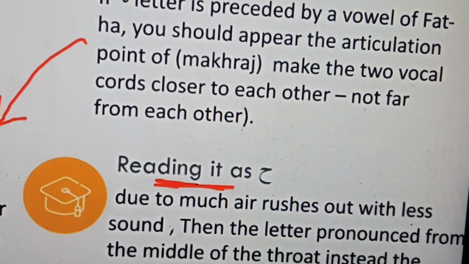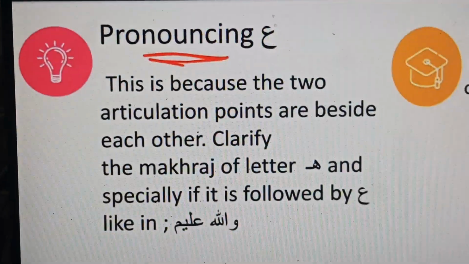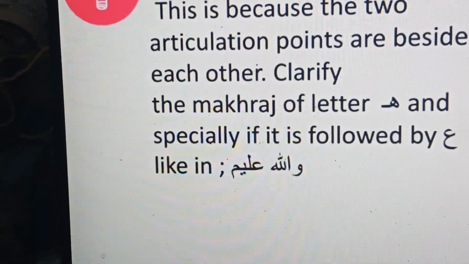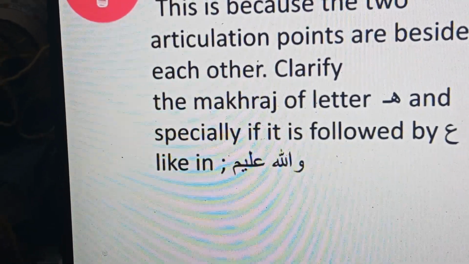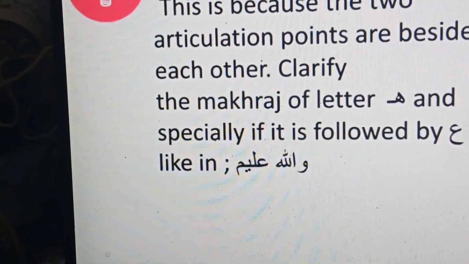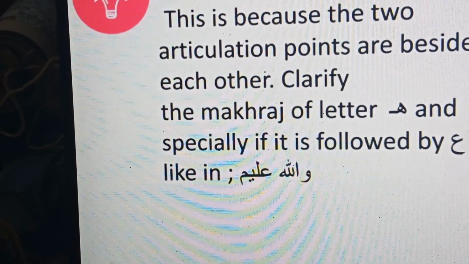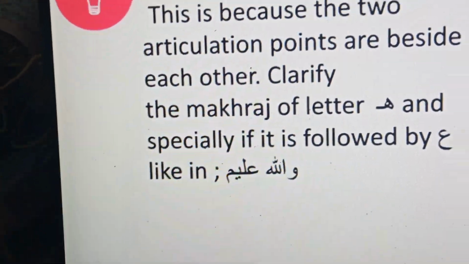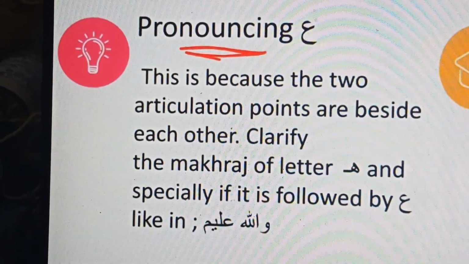The next part is pronouncing ha as ain. This is because the two articulation points are so close to each other, and we need to clarify the makhraj of ha, especially when it is followed by ain.